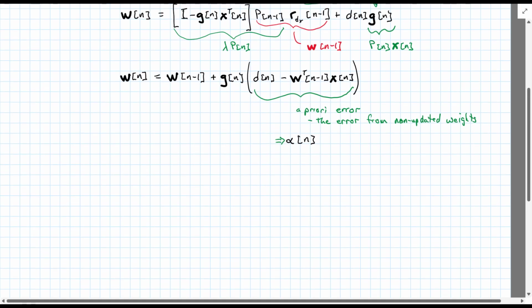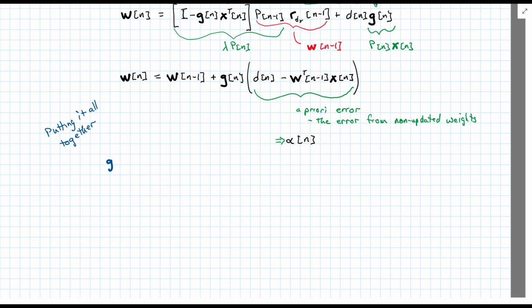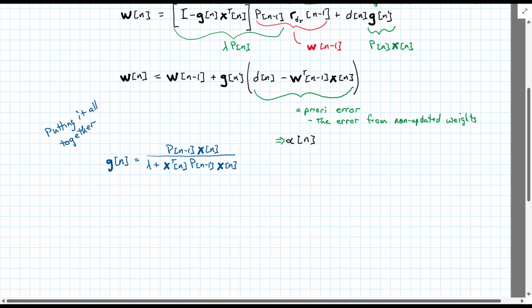Okay, let's put together what we have so far. We have our G, and in order to not have a recursive definition, we're going to have to go back to our slightly more complicated version. Like so.